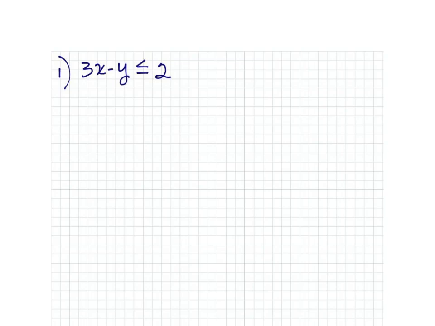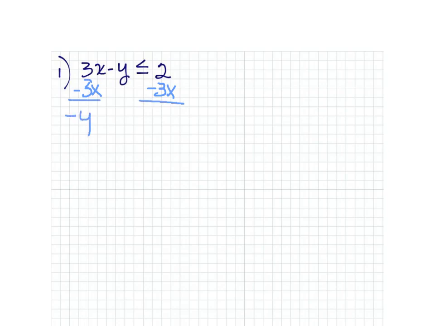Copy it down. Here is an inequality in two variables, and what we're going to do is graph this inequality: 3x minus y is less than or equal to 2. Our first step is to get this inequality in slope-intercept form. So let's isolate y. Let's start by subtracting 3x from both sides.